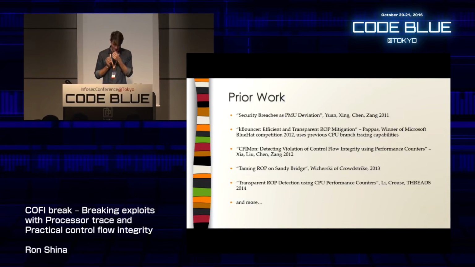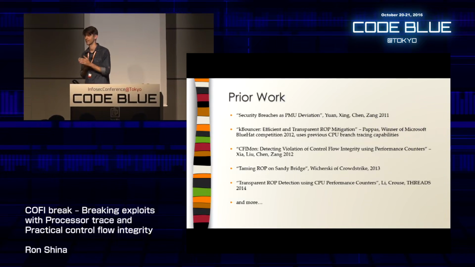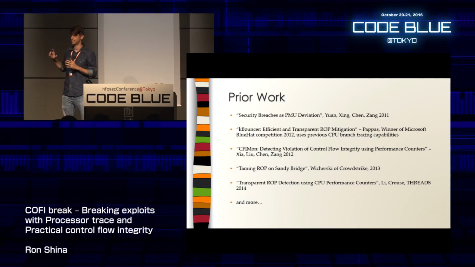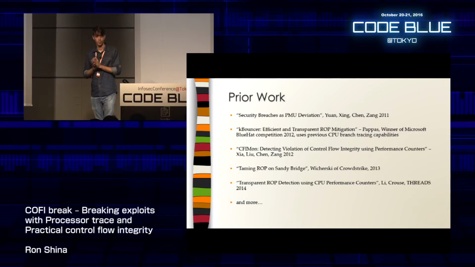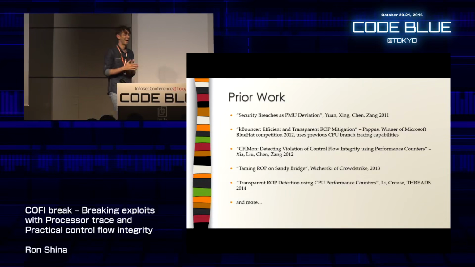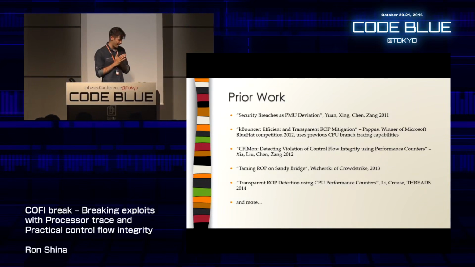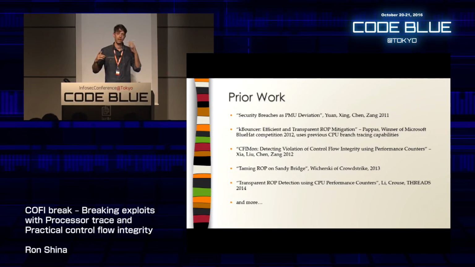So looking at prior work, the K-bouncer work in the second bulletin is similar to this work, or vice versa, I guess. What it does is, K is kernel, bouncer is like the people not letting you into clubs. At certain syscalls, it would check the last up to 4 or 8 or 16 branches.